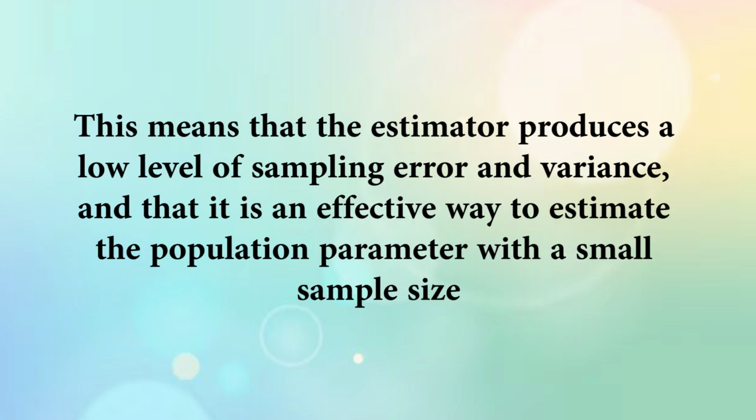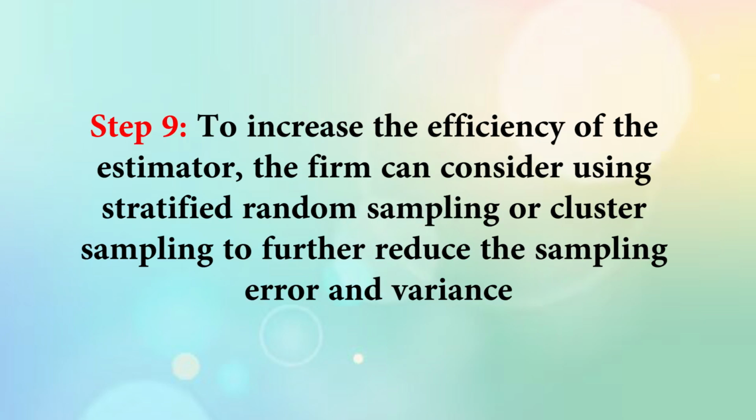This means that the estimator produces a low level of sampling error and variance, and that it is an effective way to estimate the population parameter with a small sample size. To increase the efficiency of the estimator, the firm can consider using stratified random sampling or cluster sampling to further reduce the sampling error and variance.